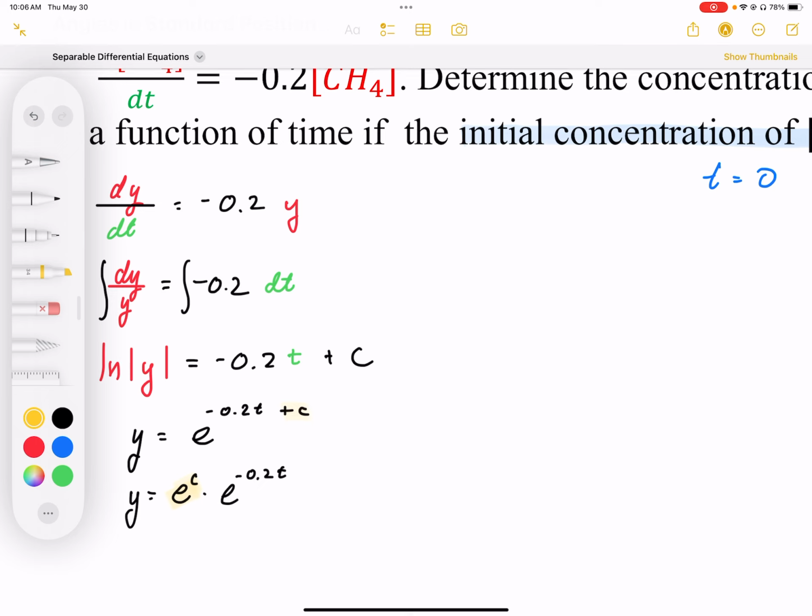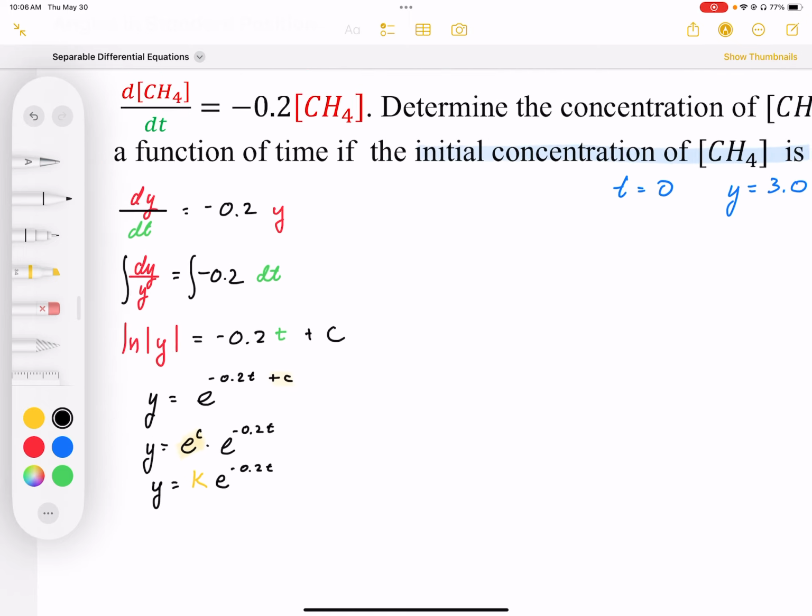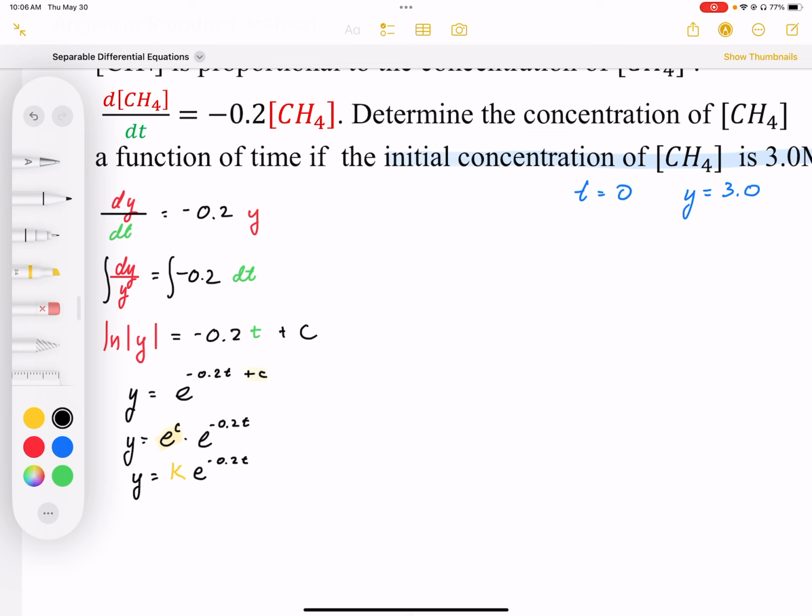And in fact, I'm going to call that something different. I'm now going to call that k, which is the starting value, so y equals k e to the negative 0.2t. Now, I could solve for the plus c at any point, but I'm going to now solve for it as a k.